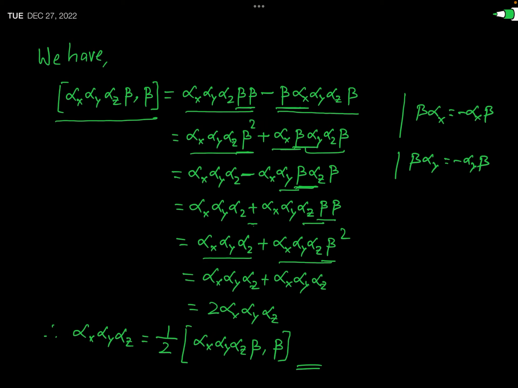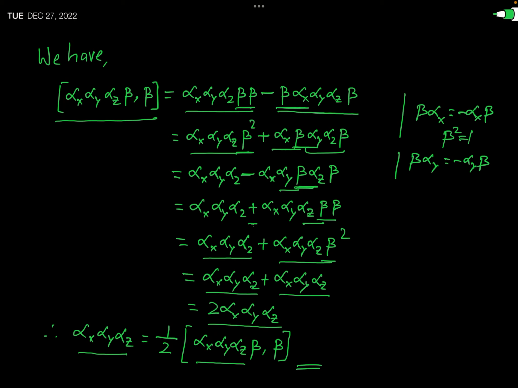But as in the earlier term, here beta square is again 1, so our result is alpha x, alpha y, alpha z plus alpha x, alpha y, alpha z, so this is 2 alpha x, alpha y, alpha z, and therefore alpha x, alpha y, alpha z is 1 over 2 commutator of alpha x, alpha y, alpha z beta with beta.